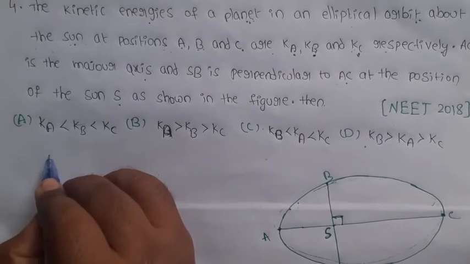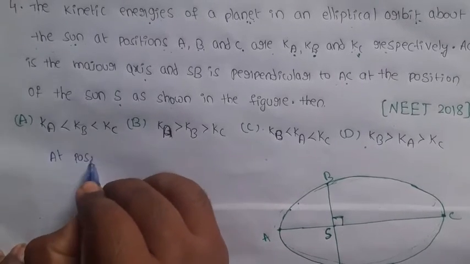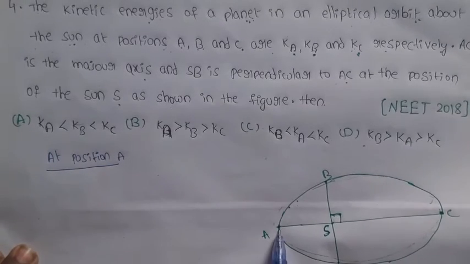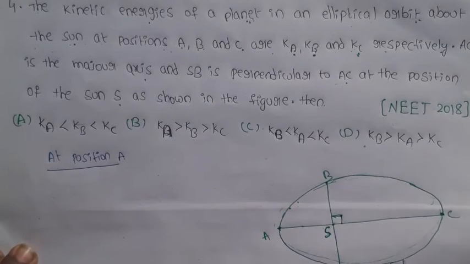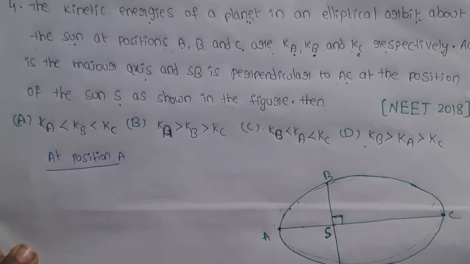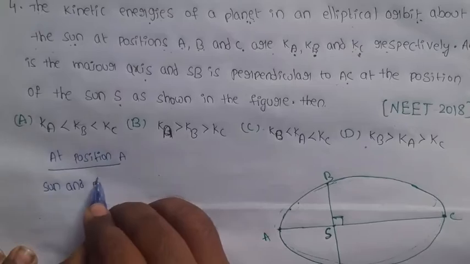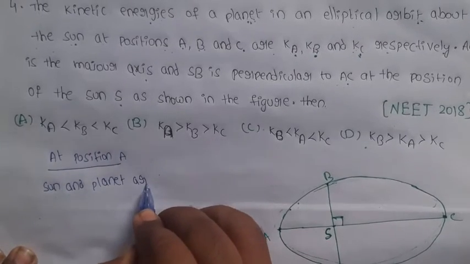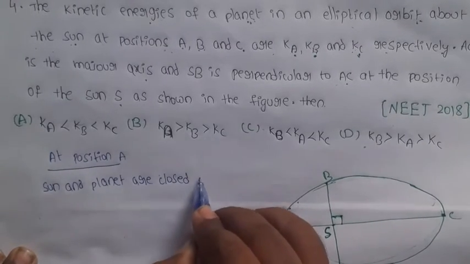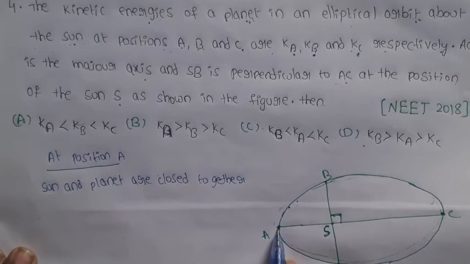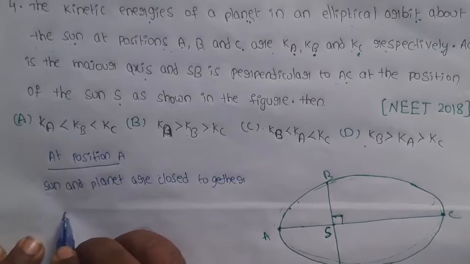First I am taking the planet at position A, with the Sun at position S. This is the planet position, this is the Sun position. Observe here, the Sun and planet are close together at position A. So at this point the planet has high velocity.